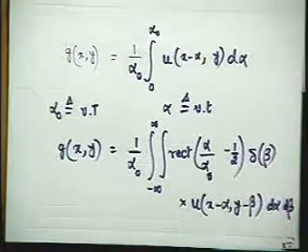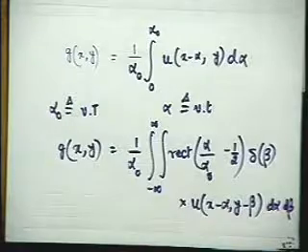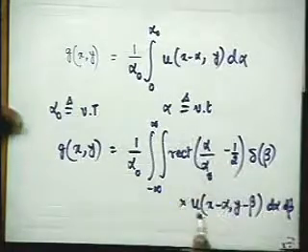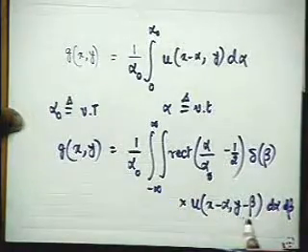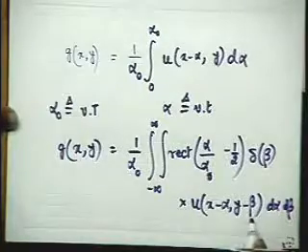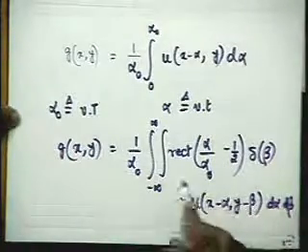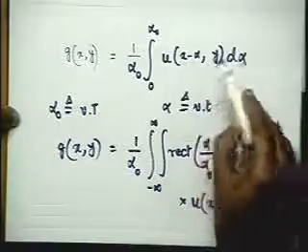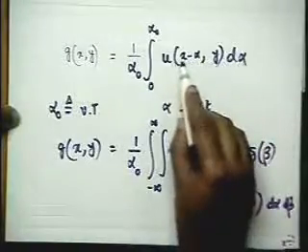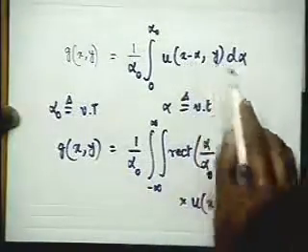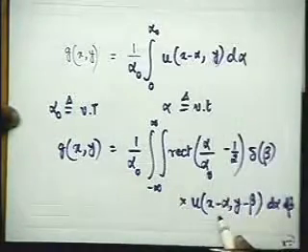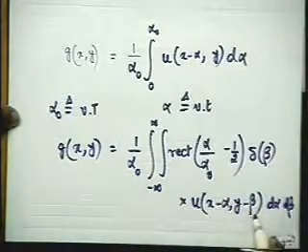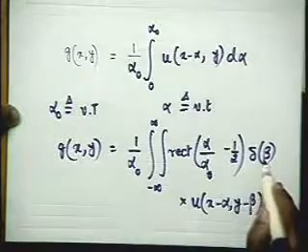Now in our last lecture this term u of (x minus alpha, y minus beta) was omitted. This term must be there because it comes automatically: it was u of (x minus alpha, y), and we are making it into u of (x minus alpha, y minus beta) by introducing the term delta beta.